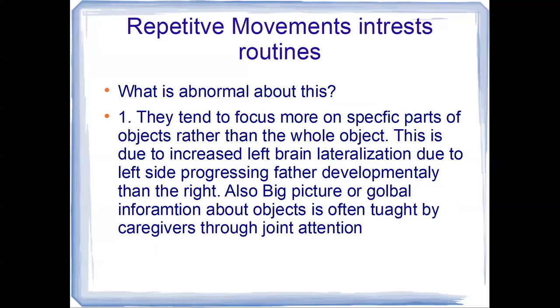That's not the normal function of what a trampoline would be or what a Nerf gun would be, but a lot of that is taught through joint interaction. And so part of it is they're not learning very early on the specific functions or big picture aspects of some of these objects and what they're for, because of that lack of joint interaction.